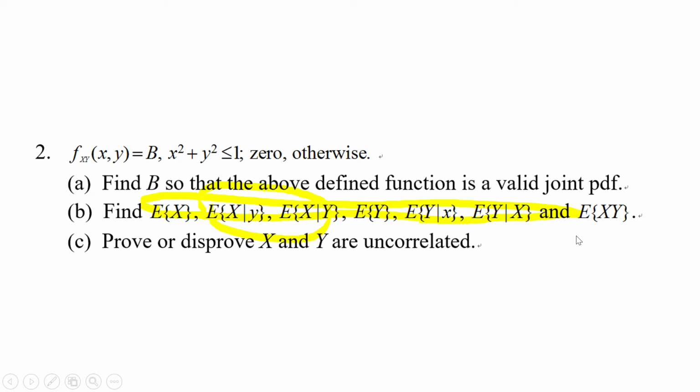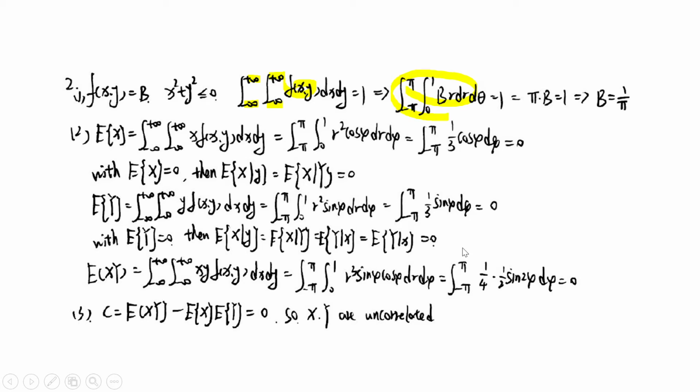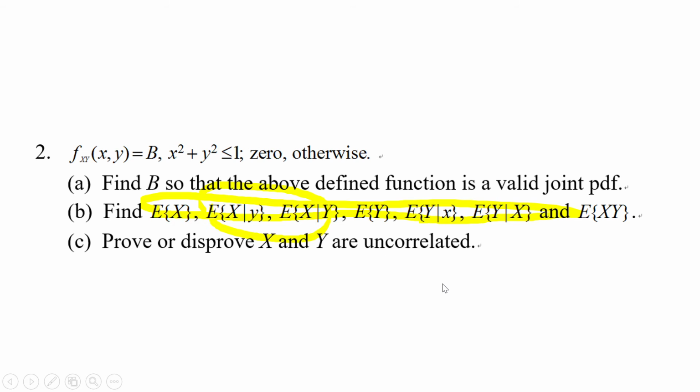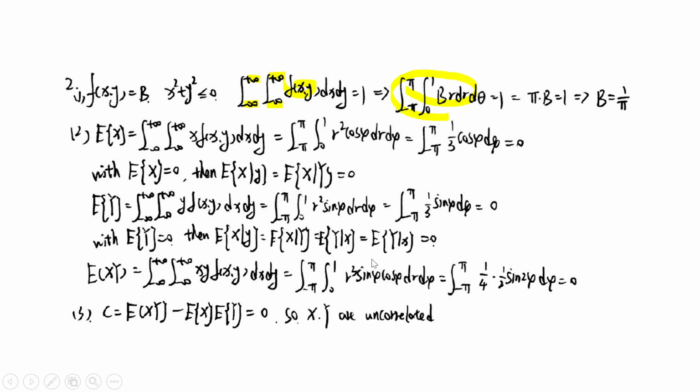And E[XY], when we integrate, by applying the definition, E[XY] is equal to xy multiplied by f(x,y) integrated from negative infinity to positive infinity. And after we integrate this, E[XY] is also equal to 0. So all these 7 expected values are all 0.